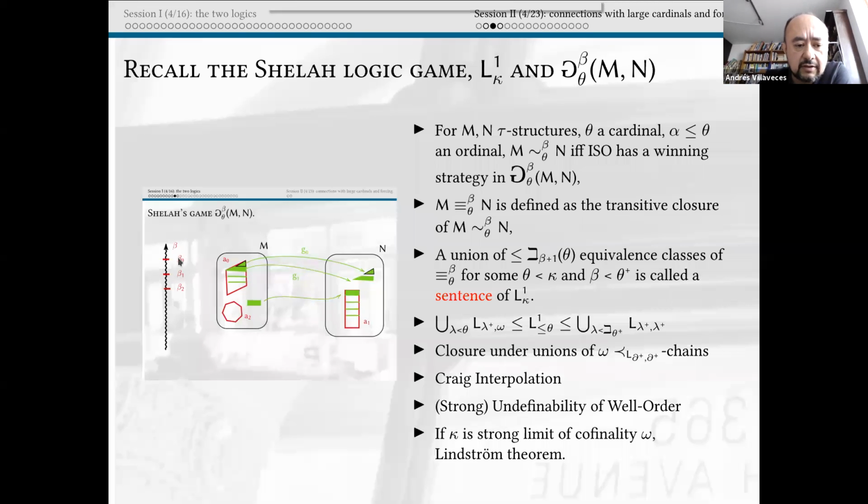I just recall that the first player chooses an ordinal, it is going down, β_0 less than β. Then a challenge that I put here on the left. Then the response is to break up the challenge into omega many parts and respond in the first stage of the game just to the first part. So somehow the isomorphism player has a shot at delaying difficulties.